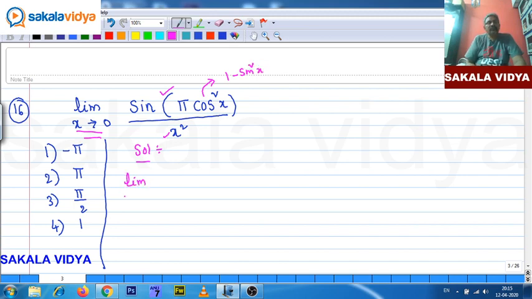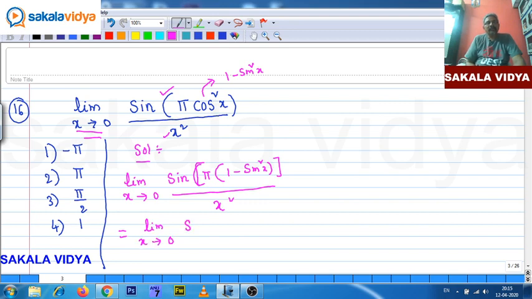Limit x tends to 0, sine of pi into 1 minus sine square x, by x square. We can write this as sine of pi minus pi sine square x, upon x square.